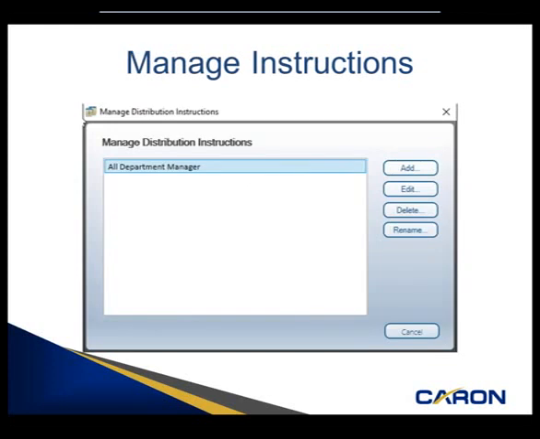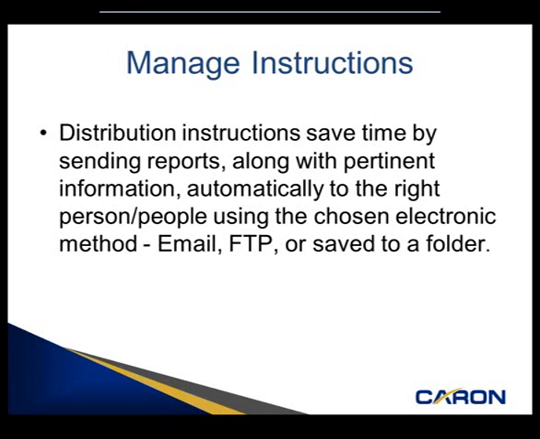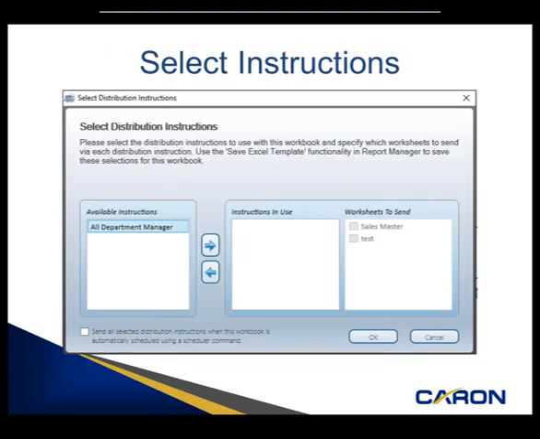The next step, we'll talk about managing instructions. Here you will be able to add instructions as to how and who you want to send to, and set up the criteria for your report. After that is done, we'll use Select Instructions to apply these instructions sometimes to the report as a whole, or if the report has different, let's say, worksheets, you can select different worksheets to send to different people.